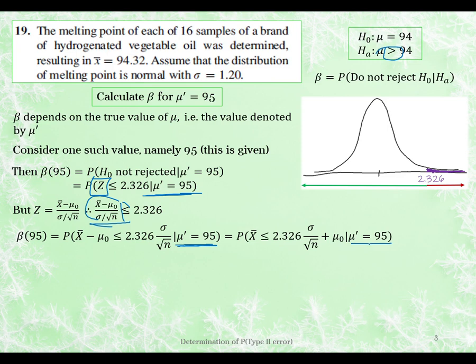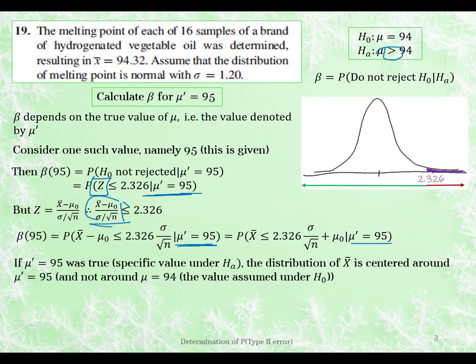So next, we have this specific value under the alternative, and we know that if mu prime is the actual population mean, then x bar is actually centered around mu prime. So in other words, in this case, x bar is centered around 95 and not 94, which we have under the null, which means that we can now go and calculate this probability.